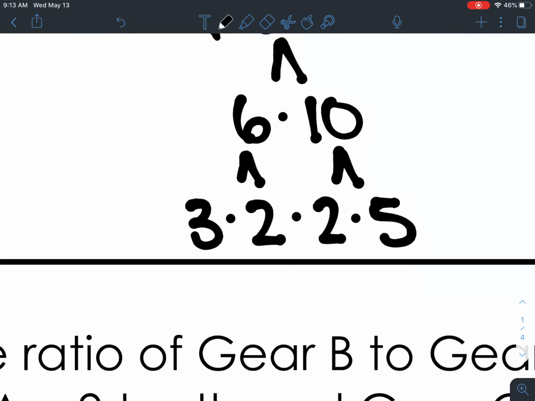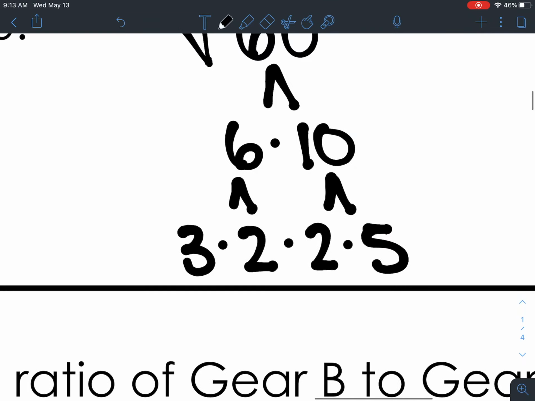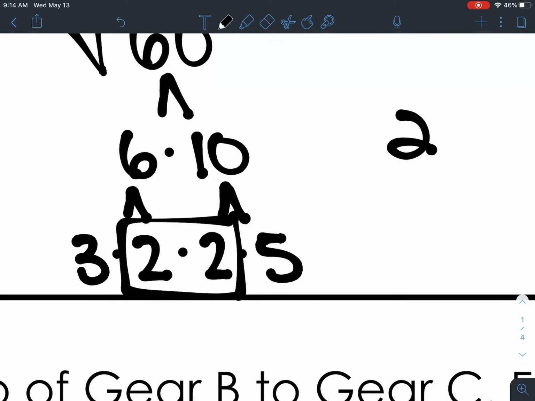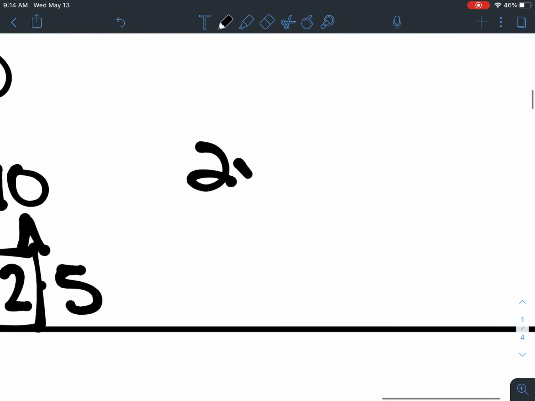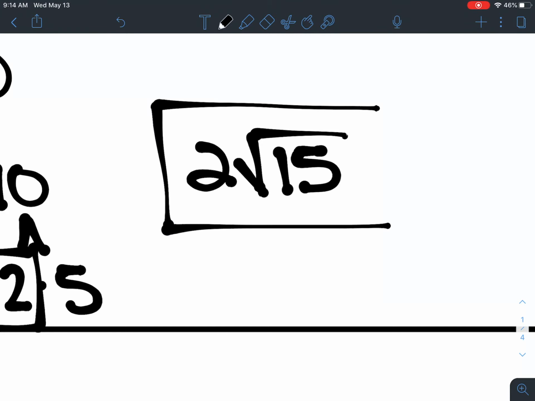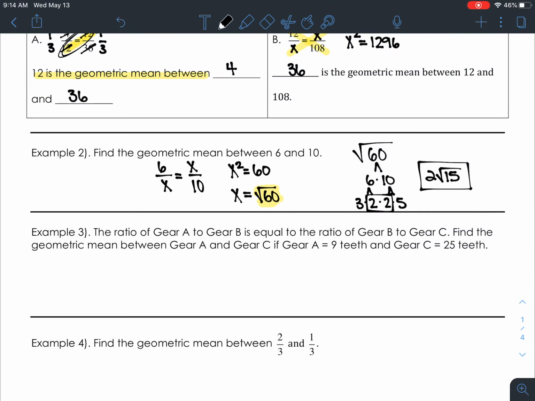If you see here, I have a set of 2's. The process I use to simplify radicals is you box the 2 that are the same, but then you bring 1 out. So you box them in, you bring 1 out, okay? Now, 3 times 5, they don't have a pair, so you bring those back underneath the radical and you multiply them together. So this final answer is 2 times the square root of 15, okay?